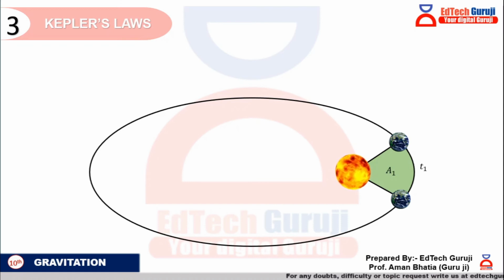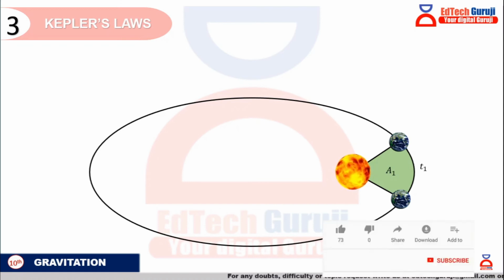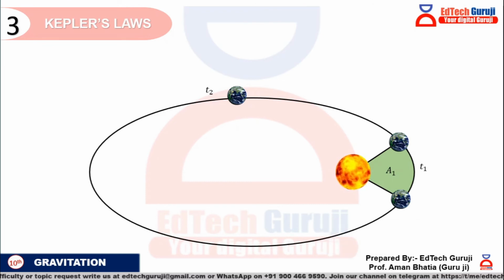Likewise, we study two different points. After some time, earth, let us say, reaches here. Again we start counting the time, and let us say this time is t2 seconds or minutes or hours or years, whatever time you want to take, it comes here.